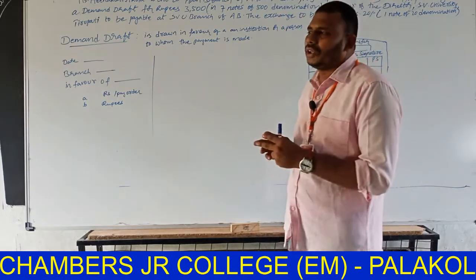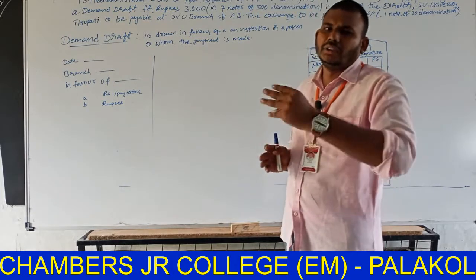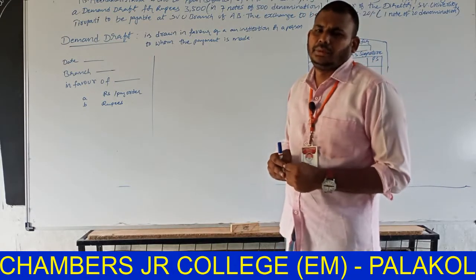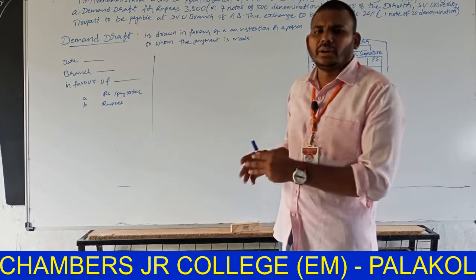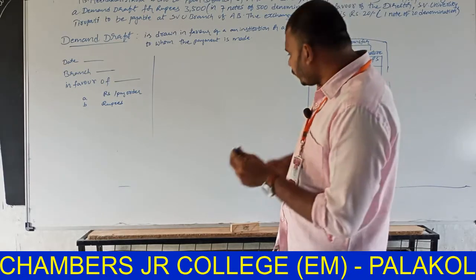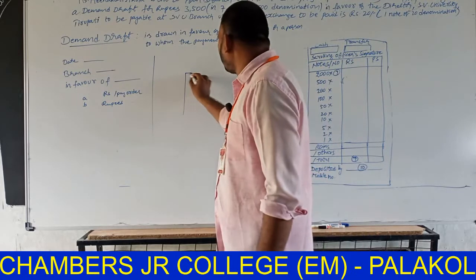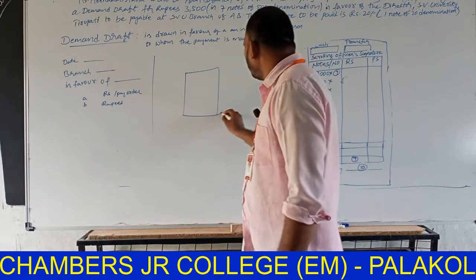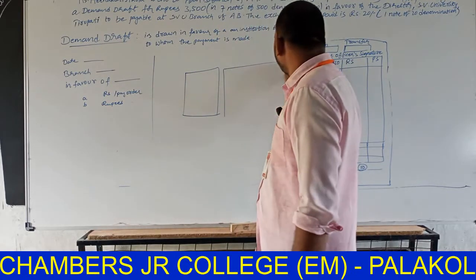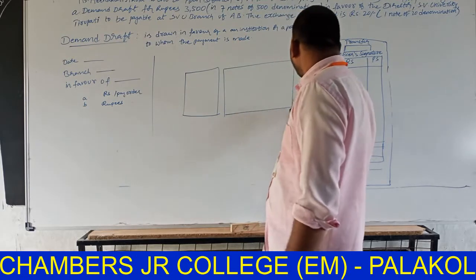So most of the contents are same as we have in the account pay-in slip, but some are different because see, the demand draft form consists of two parts like this. Two parts like this.